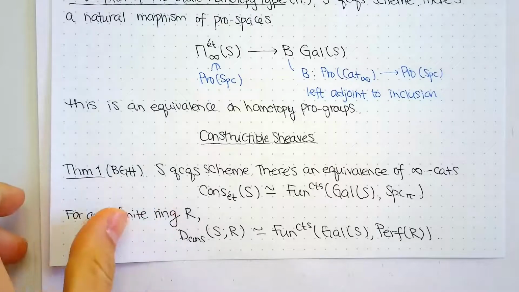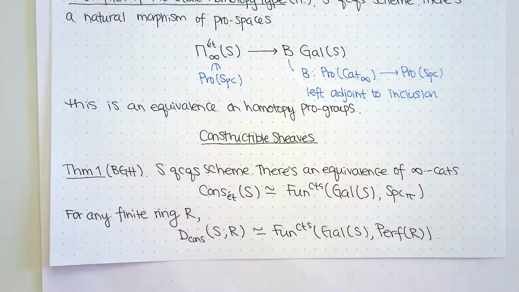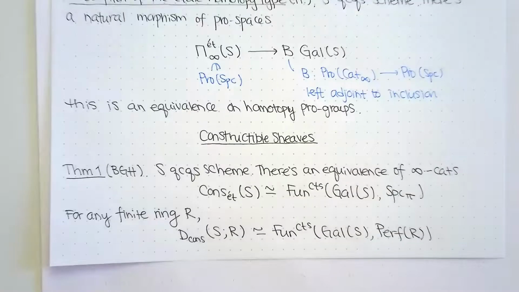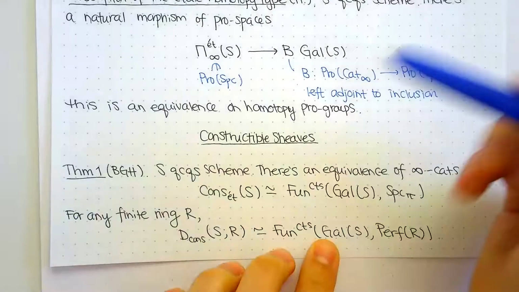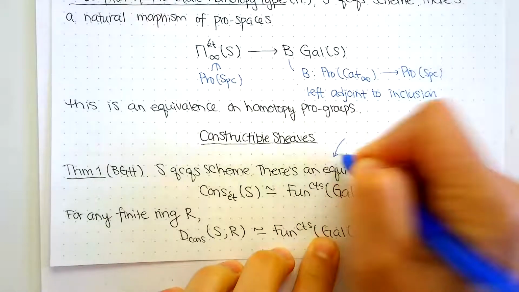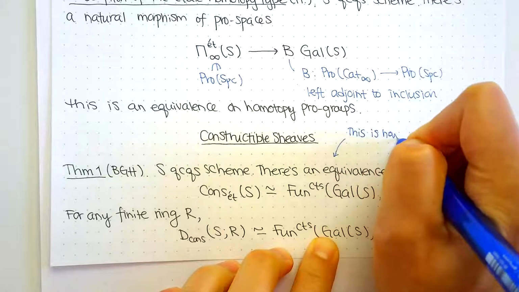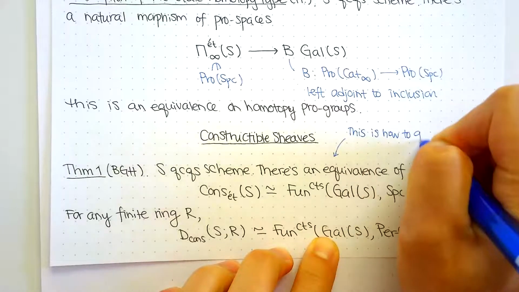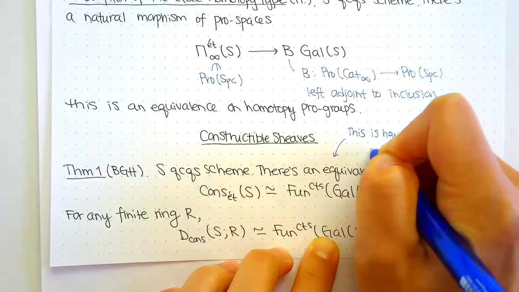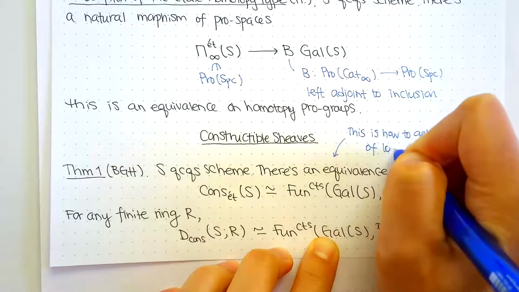All right. So once again, this is your answer to the question of how to get rid of the locally constant assumption, right? Yeah. So this is how to get rid of local constancy.